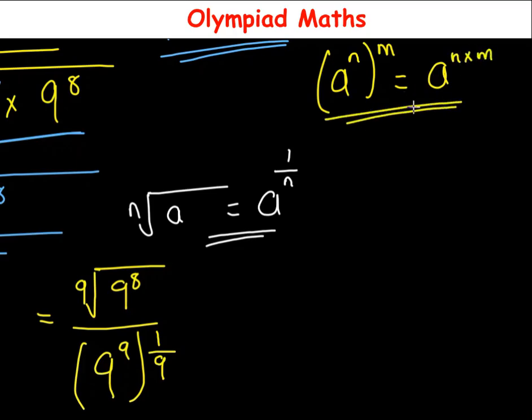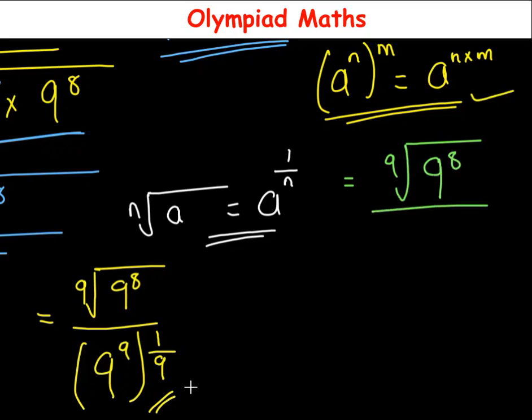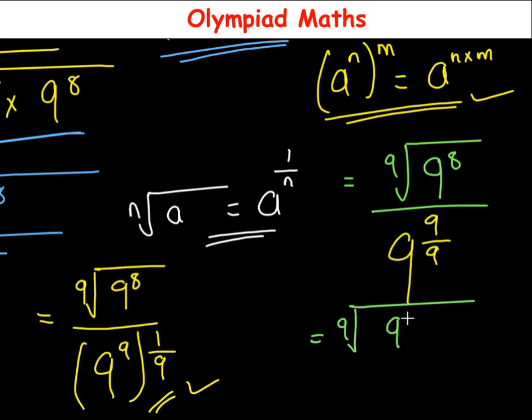So applying this principle, the numerator is the 9th root of 9 to the power 8, then all over 9, with power 9 multiplied by power 1/9. 9 times 1/9 is 9/9. So from here, this is equal to the 9th root of 9 to the power 8, all over 9. Now 9 divided by 9, you have 9 standing alone.